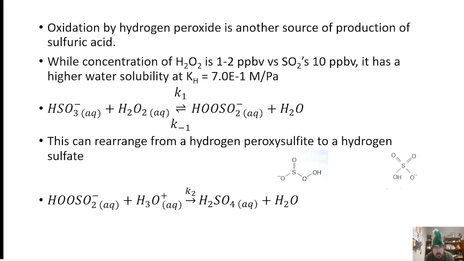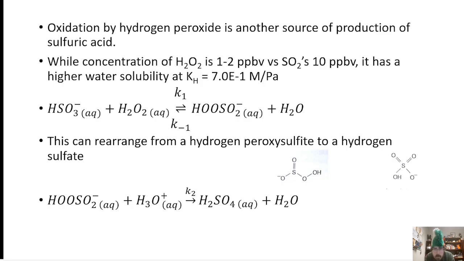So the hydrogen peroxide that gets produced is largely dissolved in the water. And so if it runs into the hydrogen sulfite, it oxidizes into hydrogen peroxysulfite.